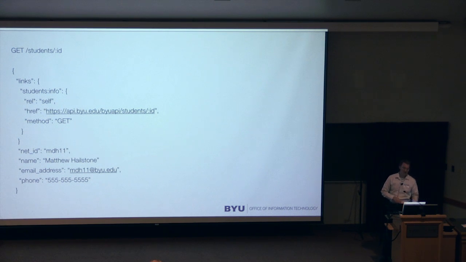So here's an example of using HATEOAS links. You have now in my representation a links section, and I've got a named property, which is our particular way in OIT, in our university API that we're using. We have a named link called students info, and then I've got these HATEOAS links properties, meaning what are the operations that I can do?